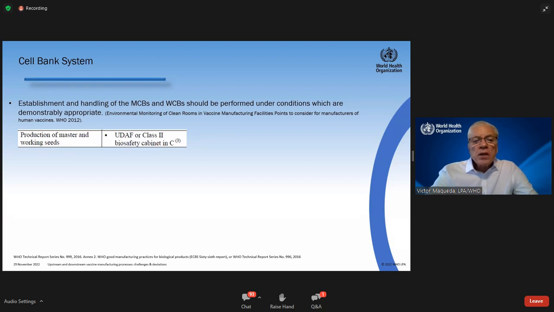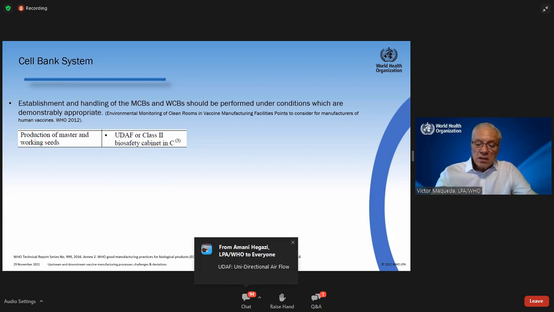This is important because sometimes some doubts are raised, and in this case, you would find, taken from that document, that production of master and working seeds is recommended to be performed under UDAF, which is unidirectional airflow, remember, or a class 2 biosafety cabinet in class C. So this is a typical requirement.